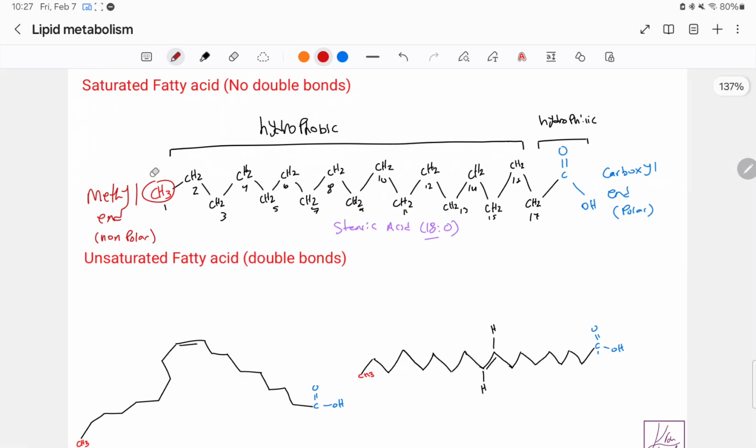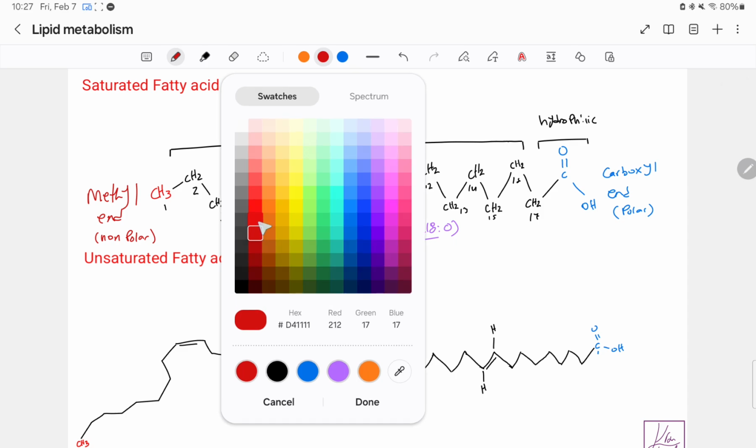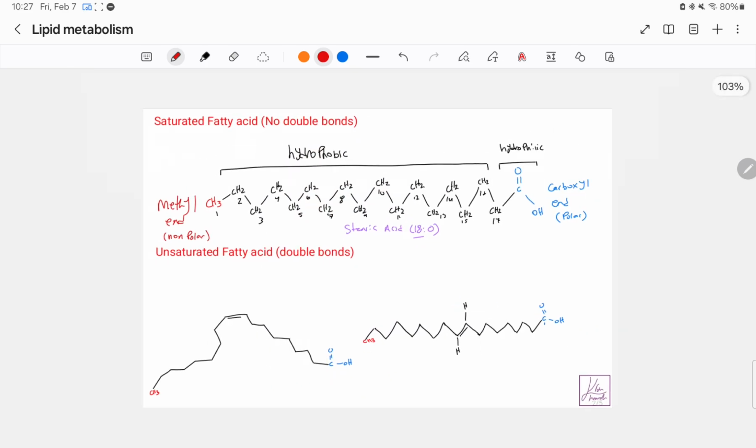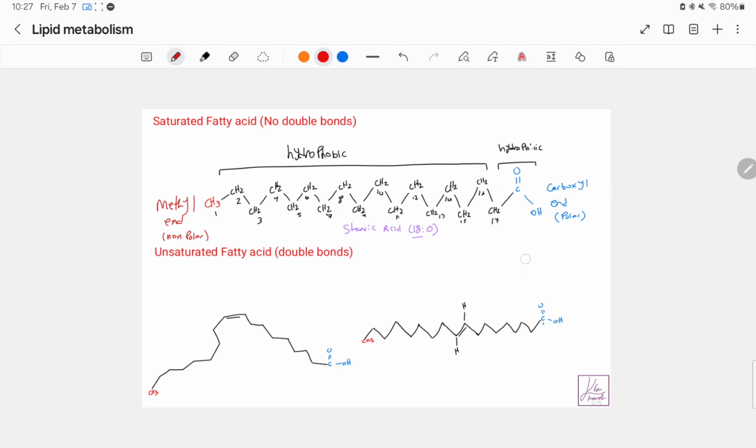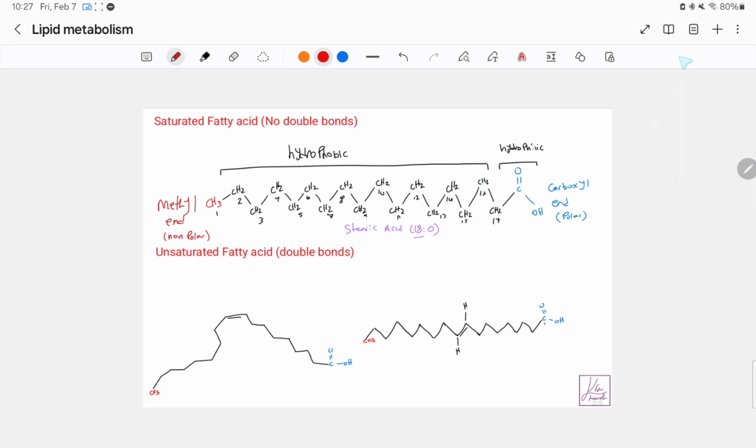These are the kind of landmarks I want you to remember on this fatty acid. And they're all going to have, at one end, a methyl group, and on the other end, a carboxylic end. So get used to seeing this. Now, the hydrocarbon chain might change a bit, but the methyl and the carboxyl will remain. So that's what a saturated fatty acid looks like.